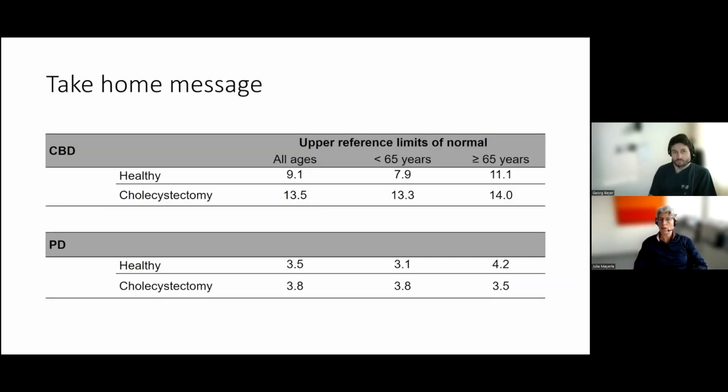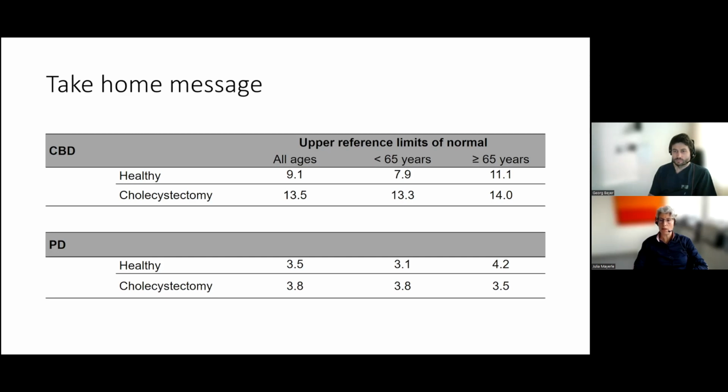So to cut a long story very short, what you have to keep in mind from this video abstract is, in a healthy subject below the age of 65, a CBD can measure 8 millimeters. Above the age of 65, it can measure 11 millimeters.